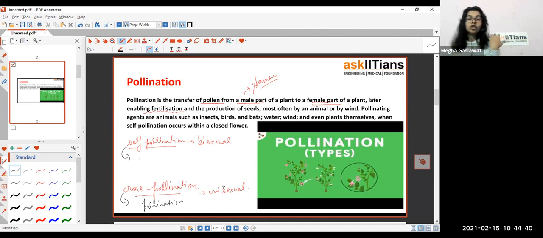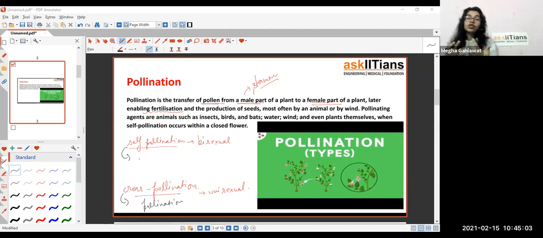Self pollination is pretty good for being sure of fertilization, being sure of producing the seeds, and being sure of everything. But cross pollination is so much better for evolution.